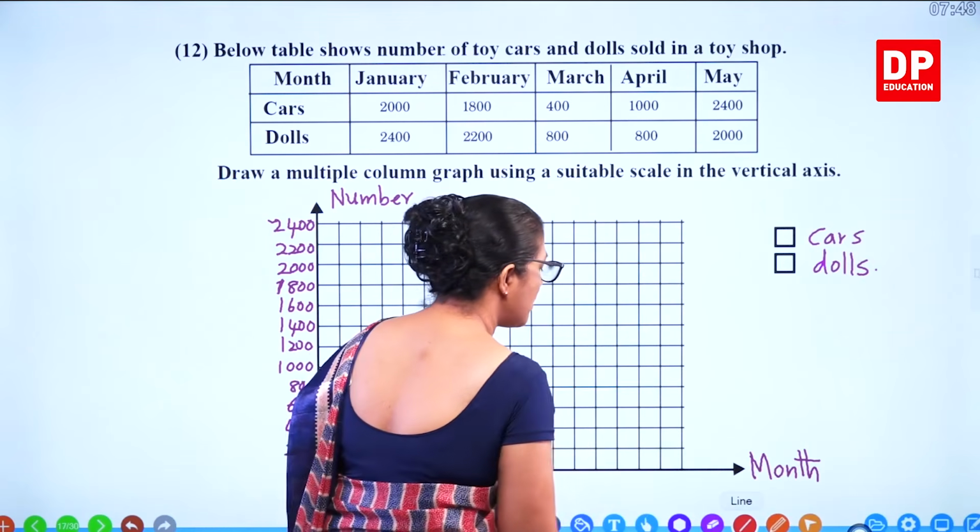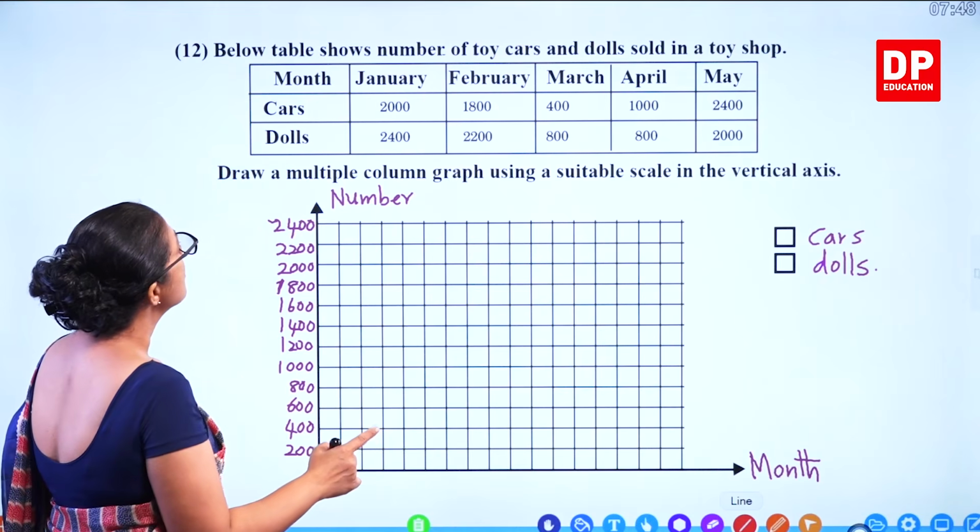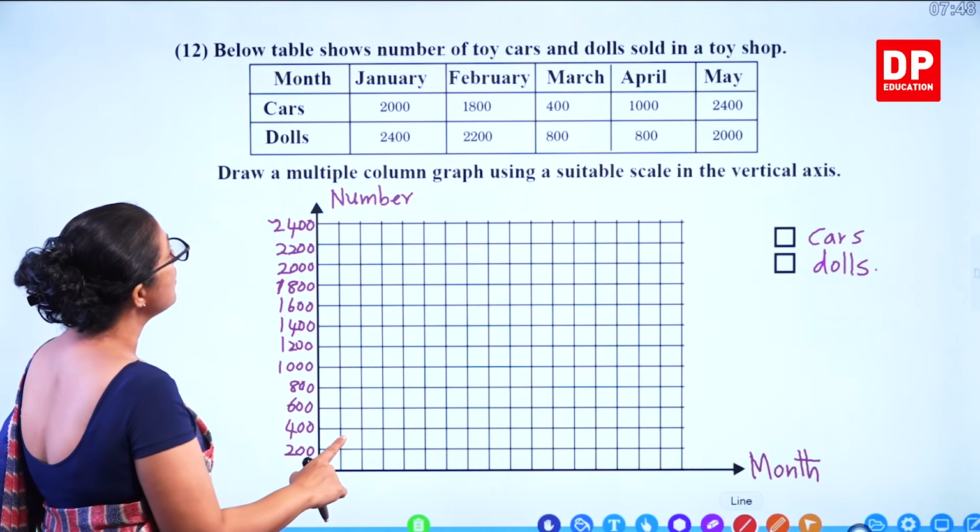So we'll try to now draw the bars first. Cars, January 2000.